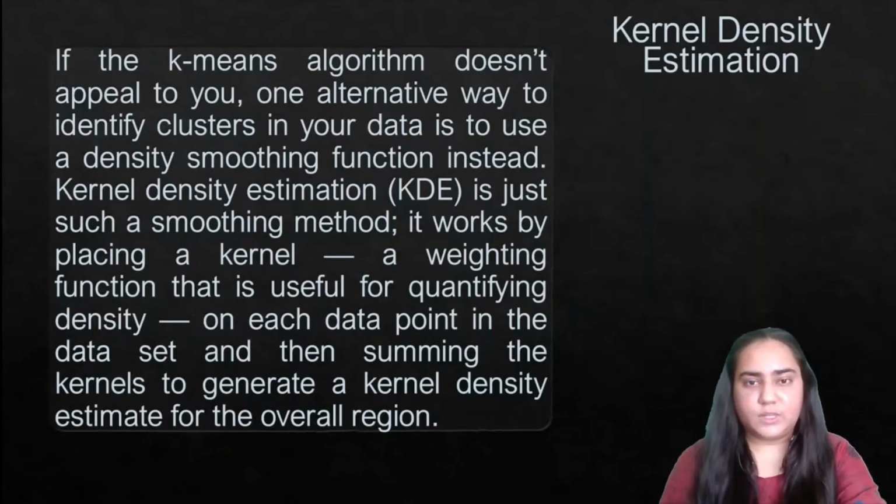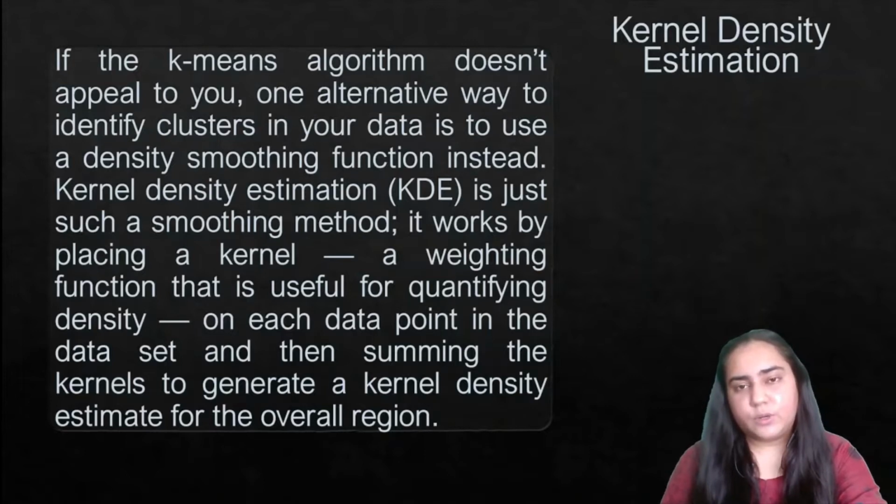Kernel density estimation, also called KDE, is just such a smoothing method. It works by placing a kernel, a weighting function that is useful for quantifying density, on each data point in the dataset, and then summing the kernels to generate a kernel density estimate for the overall region.